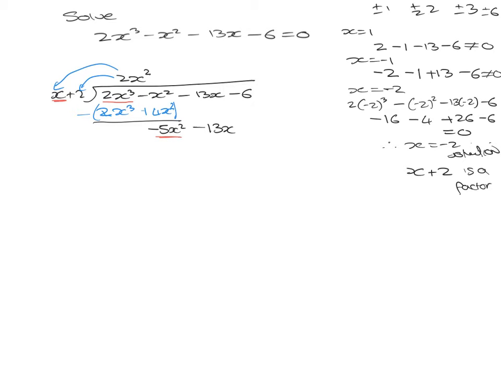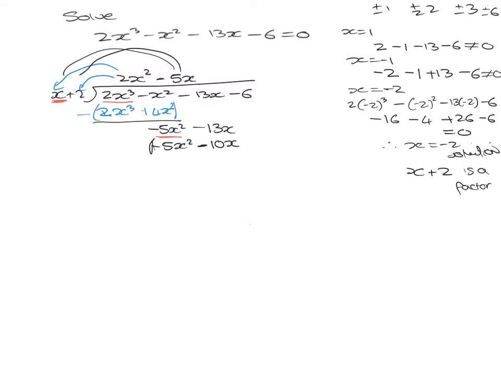Take the highest power of x, minus 5x squared, and divide by x. So that gives us minus 5x. And then minus 5x times x gives us minus 5x squared. And minus 5x times 2 gives us minus 10x.